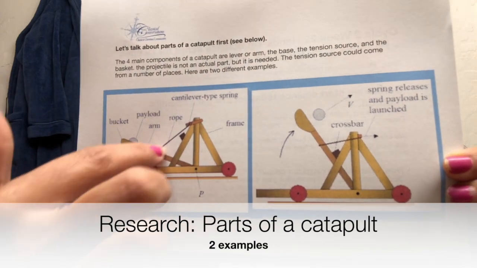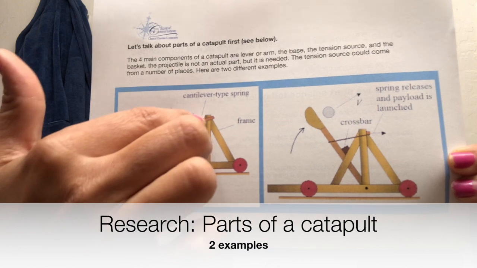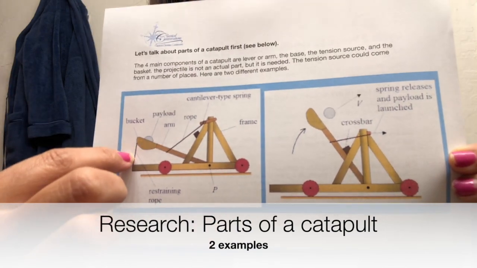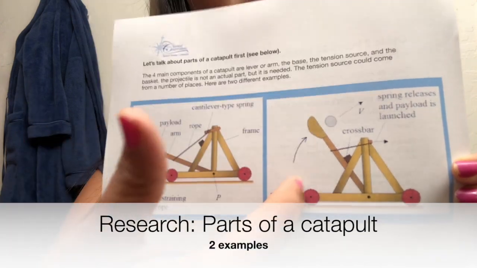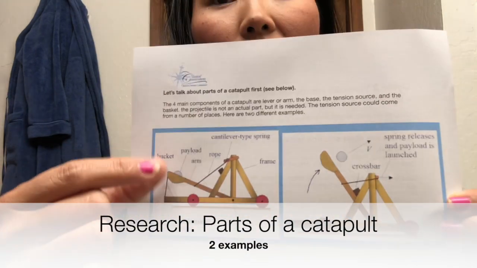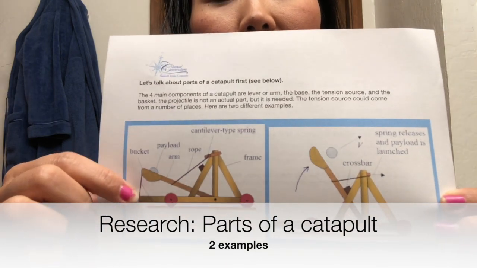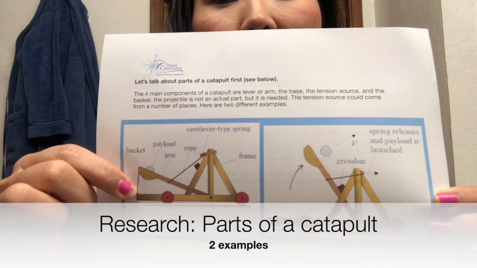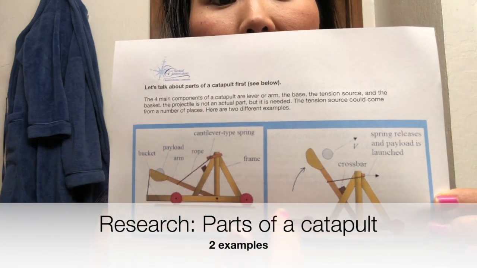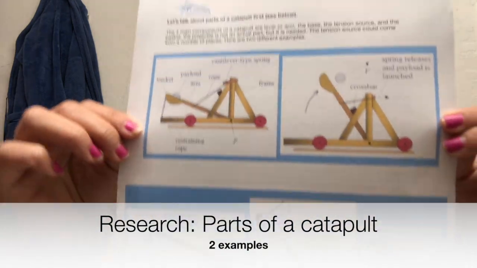There's tension forming in this string, and you would pull the arm down here and then sling this payload up that way. So you're creating tension here, you're storing potential energy down there, and when you release it, this compresses, and it actually will force this object up at a certain speed and velocity.